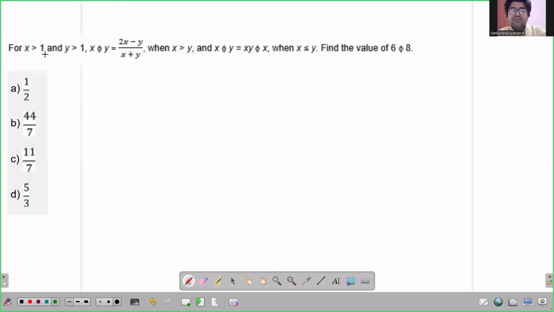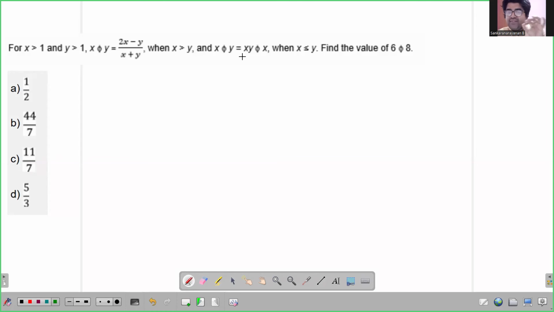Consider the question here. For x greater than 1 and y greater than 1, that symbol we call a phi symbol, x phi y is equal to (2x minus y) by (x plus y). That's what you have to consider when x is greater than y.